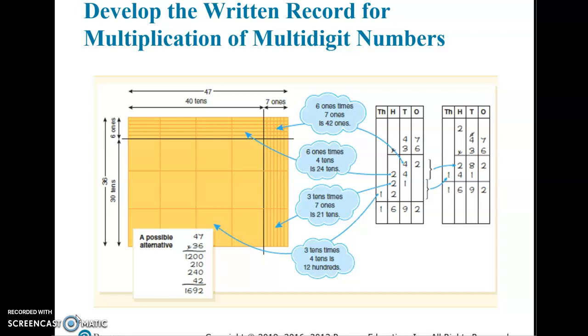You have 30 times 40 in the base 10 language, which is 3 tens times 4 tens equals 12 hundreds. The result tells us how many are in that piece in the hundreds section. Avoid saying 3 times 4, which promotes thinking about digits rather than numbers.